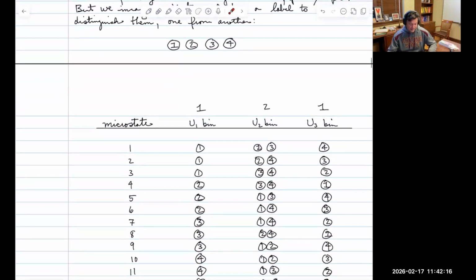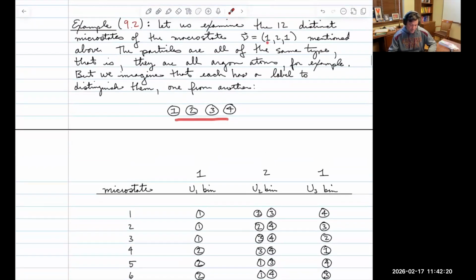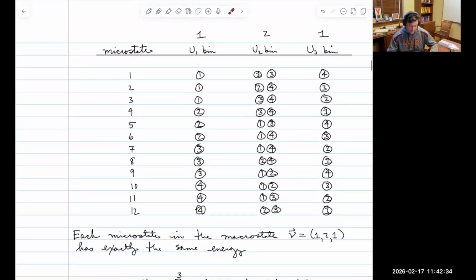So how can I arrange these four particles such that there is one particle in energy level 1, we'll call that the U1 bin, 2 in energy level 2, or the U2 bin, and 1 in the U3 bin? I've listed them out here.